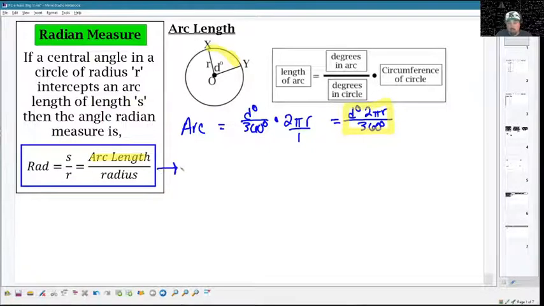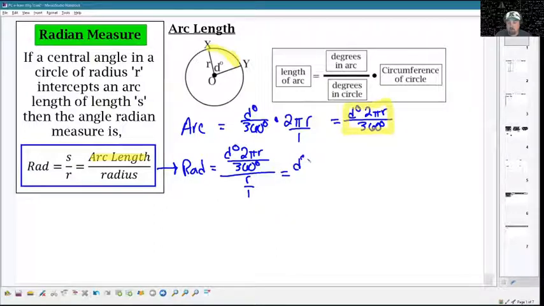So what this definition says is that radians are arc length divided by radius. So I'm going to put our formula for arc length on the top: d degrees times 2 pi r divided by 360 degrees, and we're going to divide all of that by the radius, which is r, from our picture up here. To continue, we use fraction rules again. This has a 1 on the bottom, so this is really two fractions being divided.